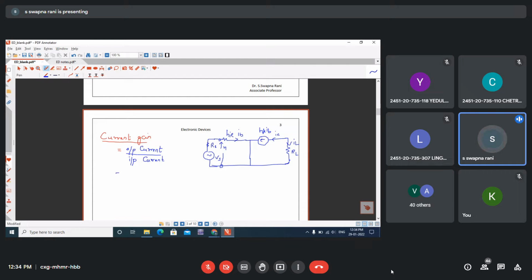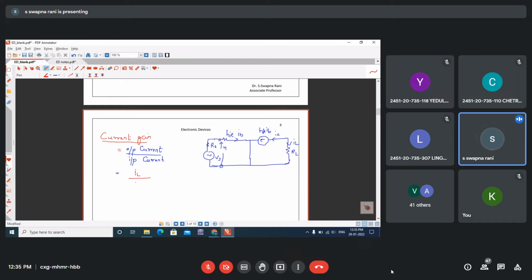Output current. What is the output current? Whenever a load resistor is there in the output circuit, the current flowing through the load will become the output current.